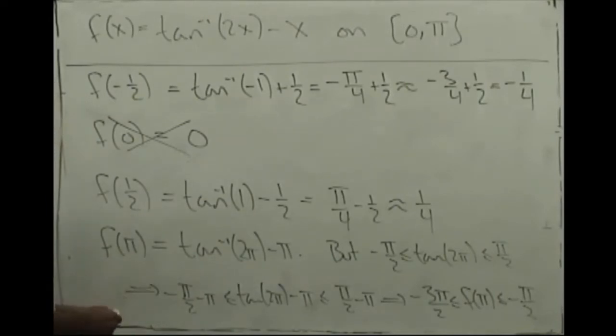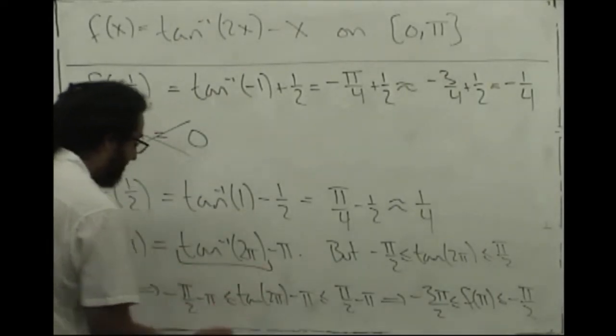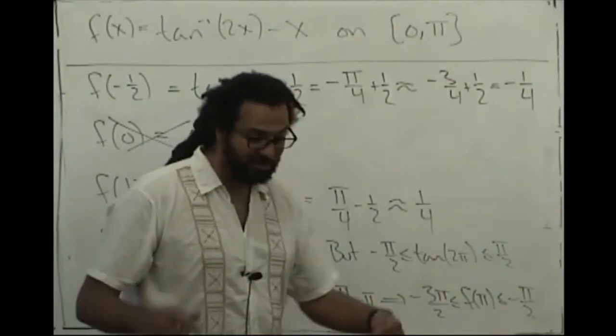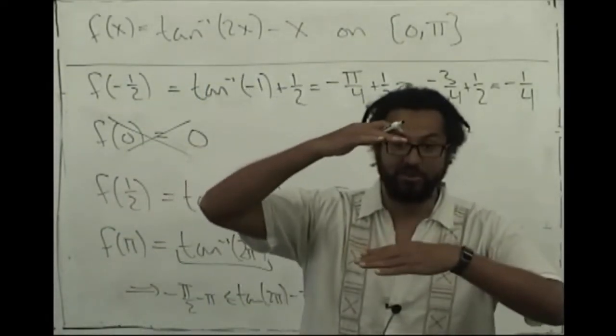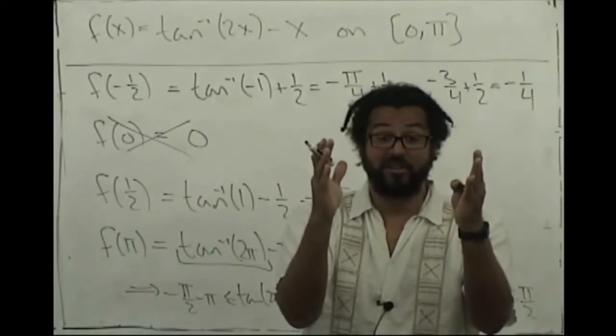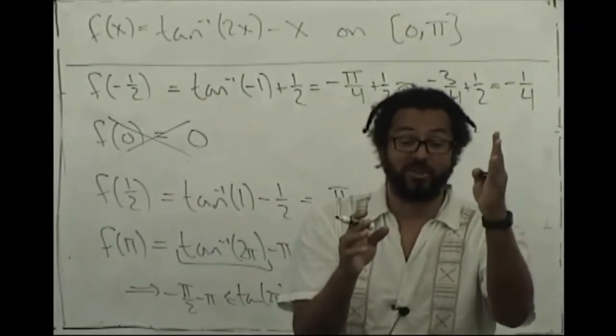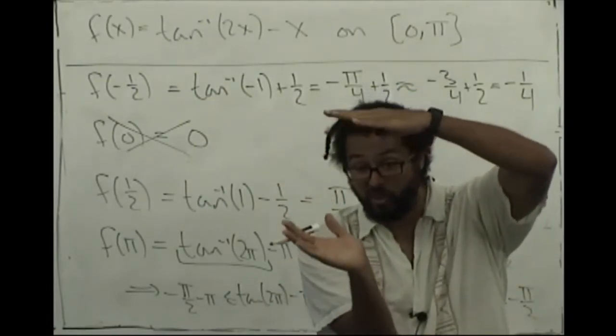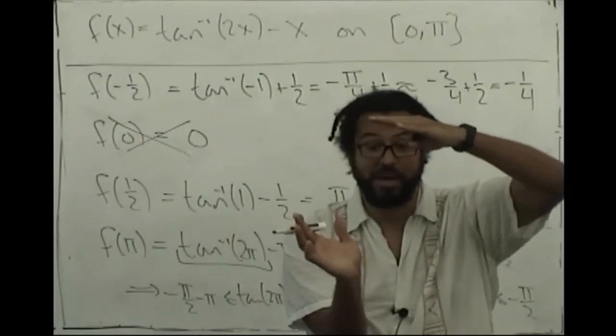Here's what we know. We know that tangent inverse of anything is always between negative pi over 2 and pi over 2, right? Tangent inverse is bounded, because tangent has vertical asymptotes at negative pi over 2 and pi over 2.